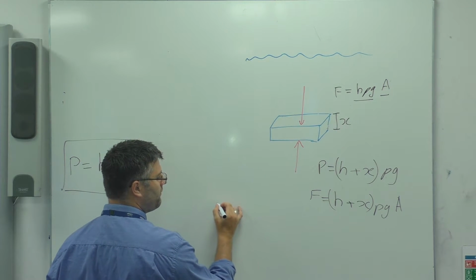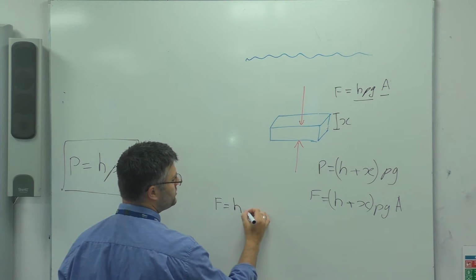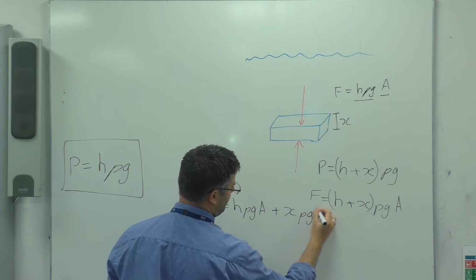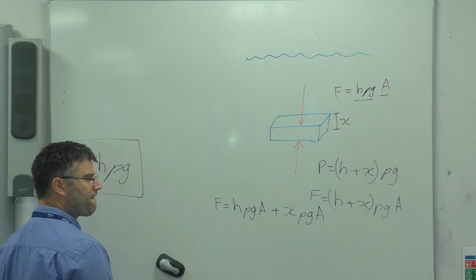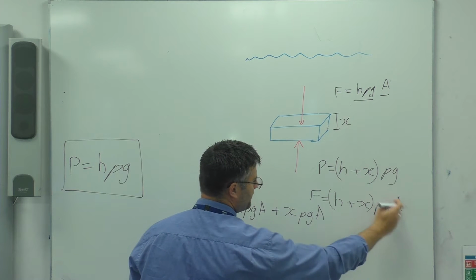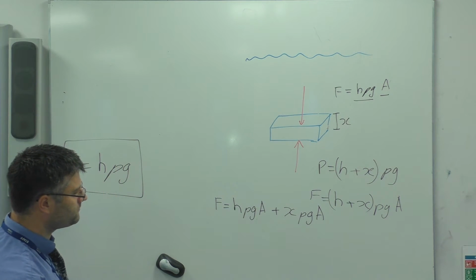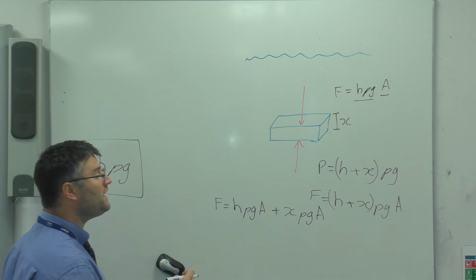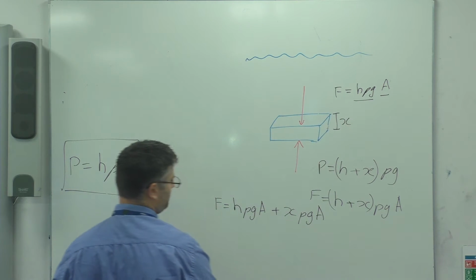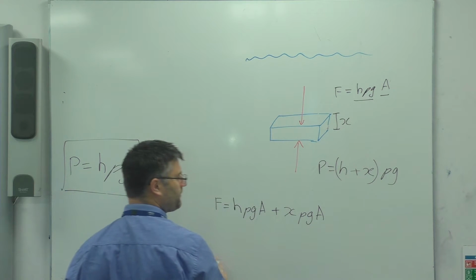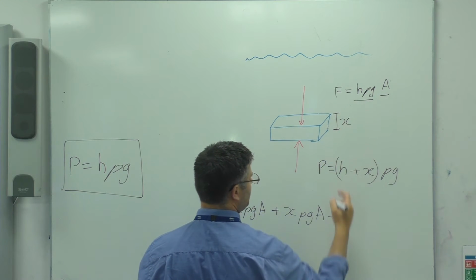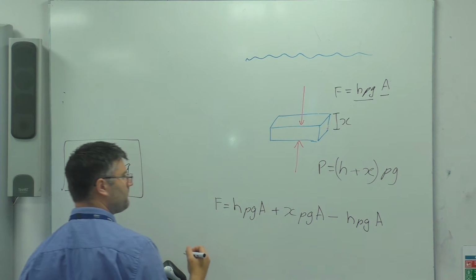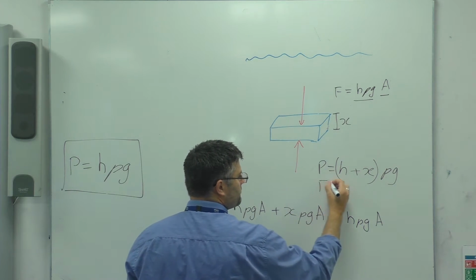So it becomes force is equal to h rho g a plus x rho g a, because I've just done the multiplying and opened it out. That means the resultant force would be minus that final value, minus h rho g a.